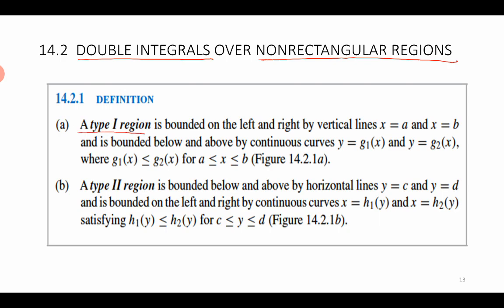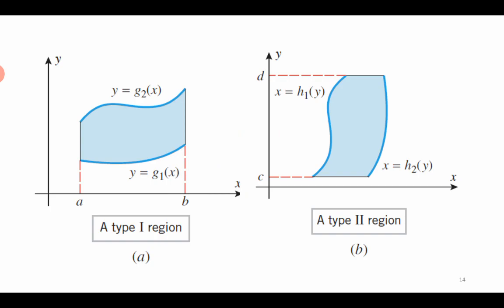Type 1 is bound, see, the kind of graph that is shown here is a type 1 region. The region is bounded above by a function of x. Y is a function of x, and also bounded below by yet another function of x, isn't it?